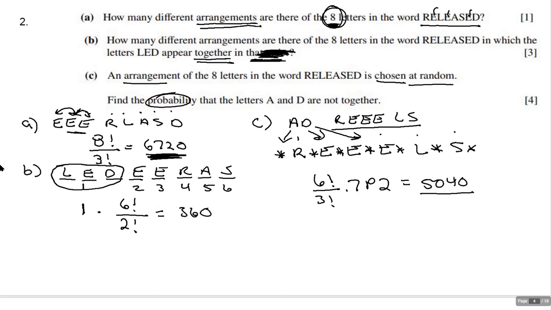This number right here is the number of ways that I could possibly have arranged the letters. So the way I find the probability is to divide these. What's 5,040 divided by 6,720? 3/4, or we could say 0.75, right? Yes. Any questions about that?